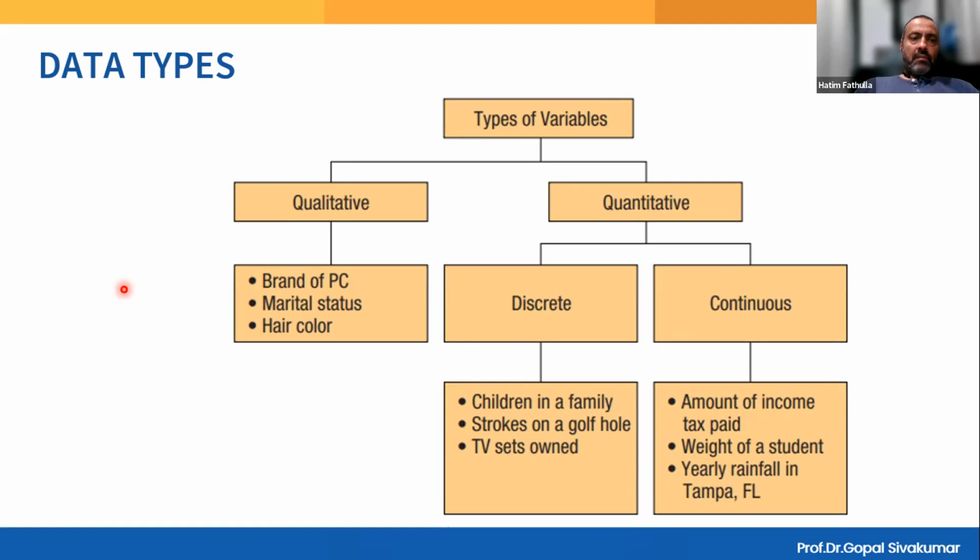Kilogram, degree Celsius, seconds, minutes, days, kg per centimeter square. These are all continuous data, measurable. There are measuring equipments using which you can measure, and your reading will come with a proper unit of measurement. That is continuous data. It is called continuous because any number of decimals is possible.